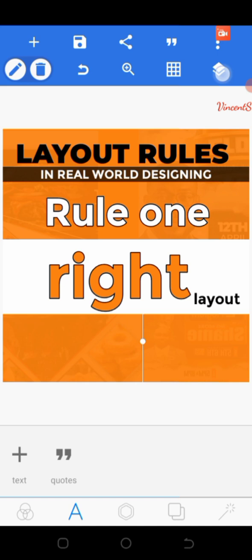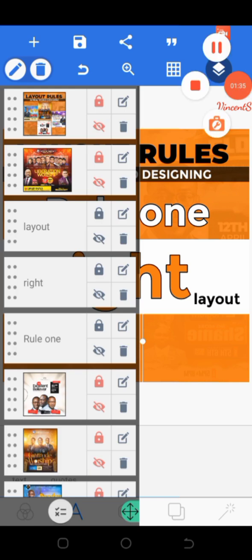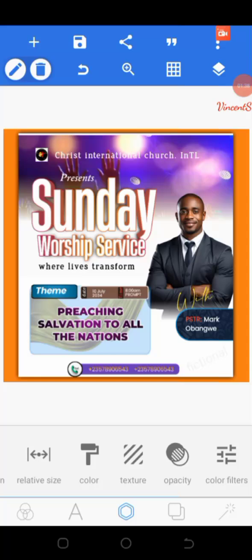So what you can see on the screen is the first layout rule, okay? What is this first layout rule? Hopefully from the previous video, by you looking at this picture, you are able to identify what this layout law is all about, and how the elements are arranged, okay?